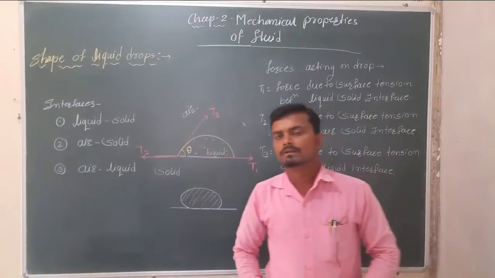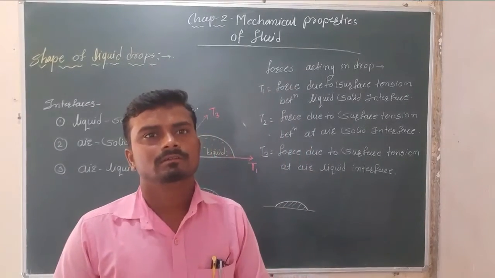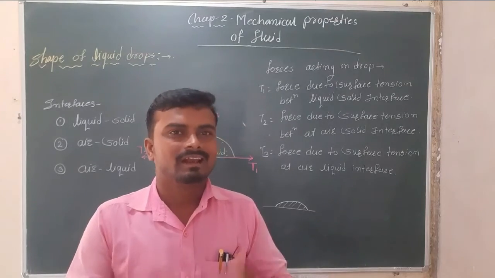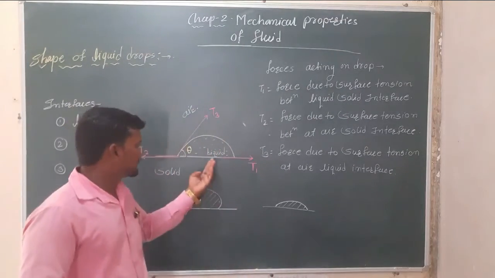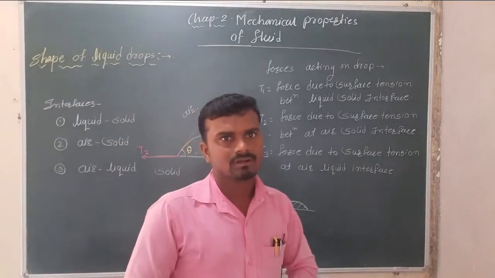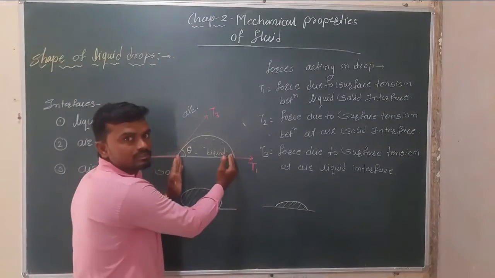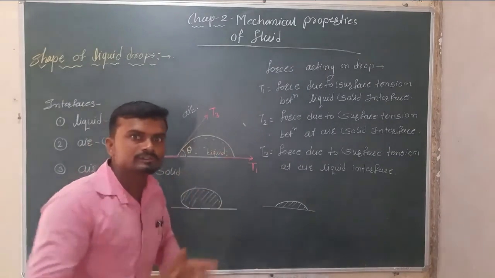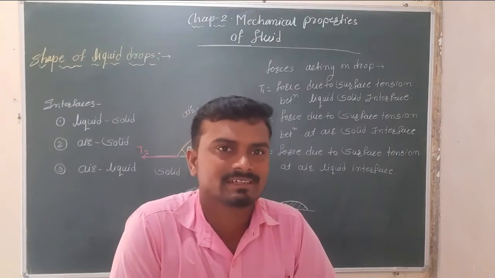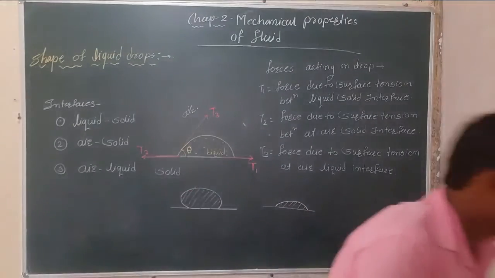Now, for equilibrium or the stability of a liquid drop, the right side force must be equal to the left side force, or to stabilize the drop over this particular portion, the total force acting on the liquid drop must be 0. Let us calculate that total force.